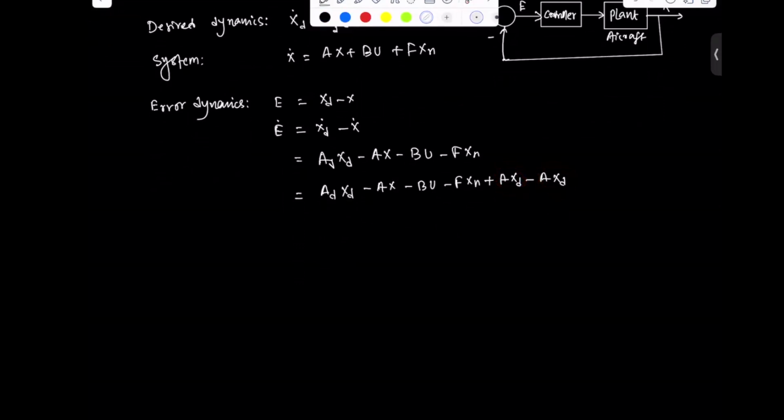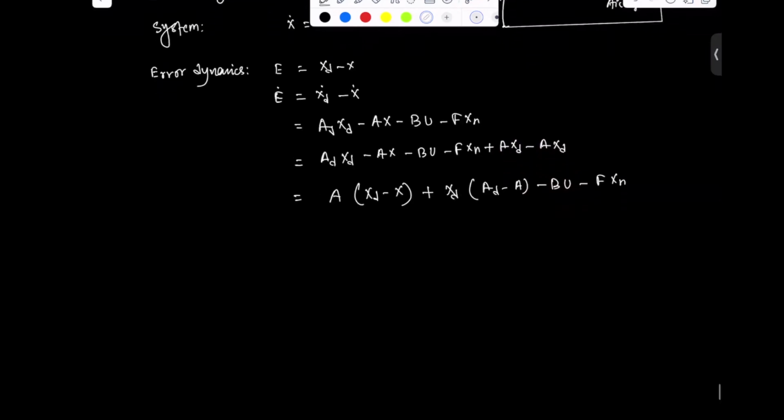So now we can write A xt minus x plus xt AD minus A, minus Bu minus f xn. And xt minus x is nothing but e, right?